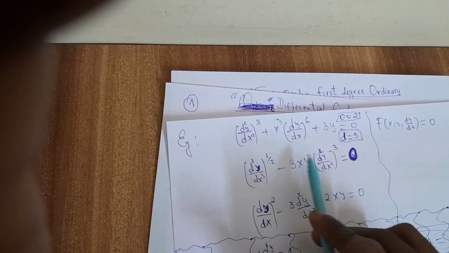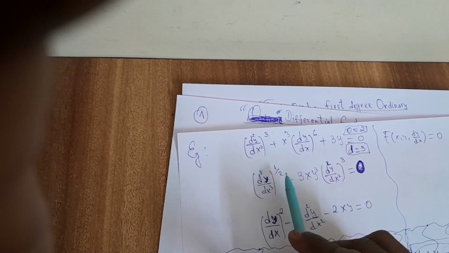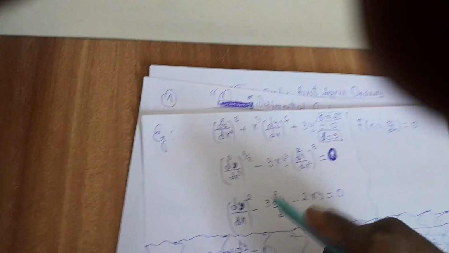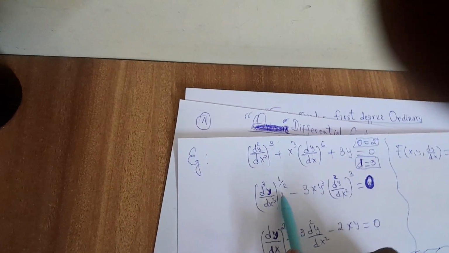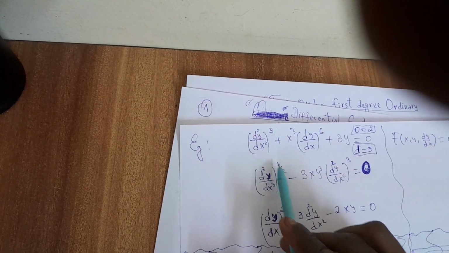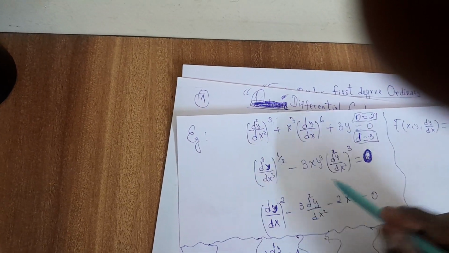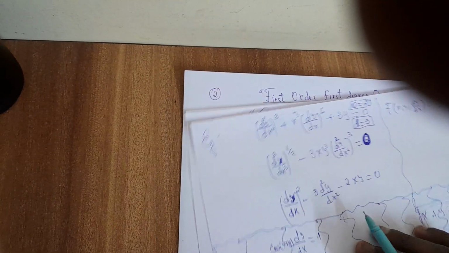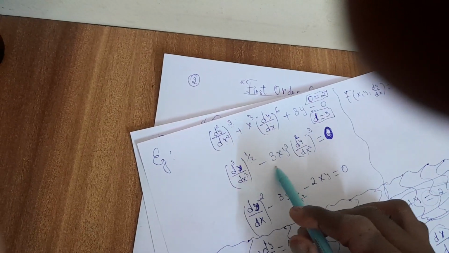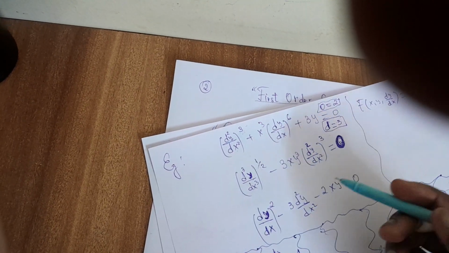To find the degree of a differential equation, the order or degree has to be an integer, not a fraction. So here you have to do some basic calculation to make it an integer number.